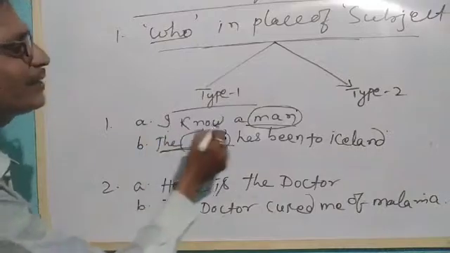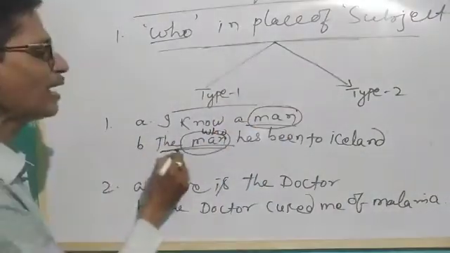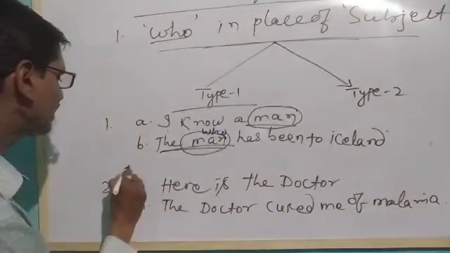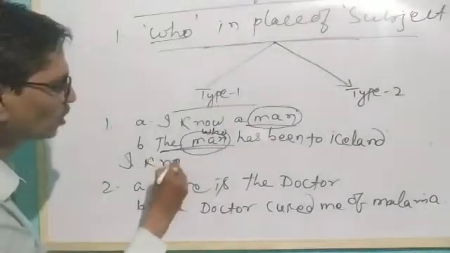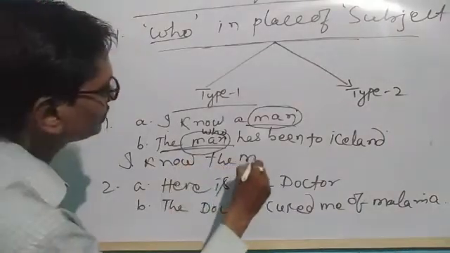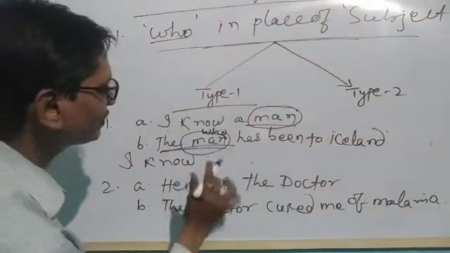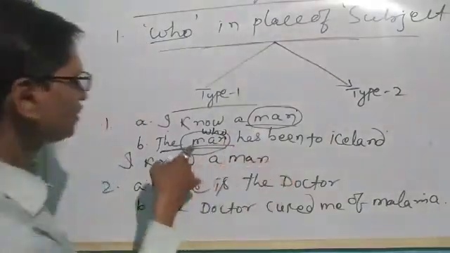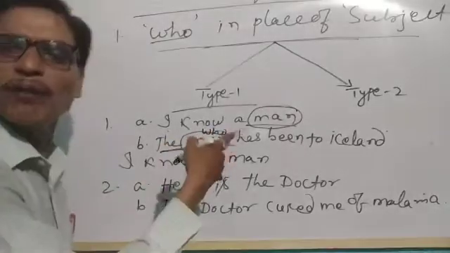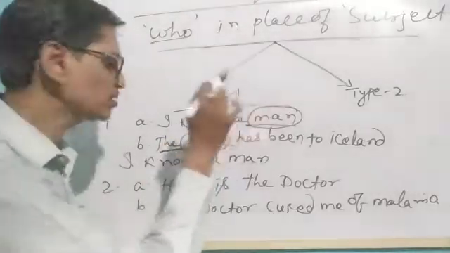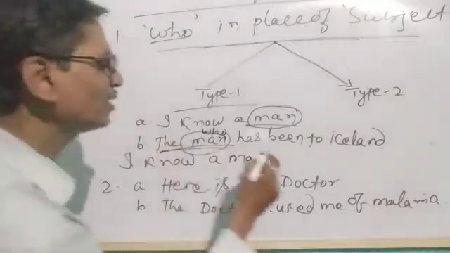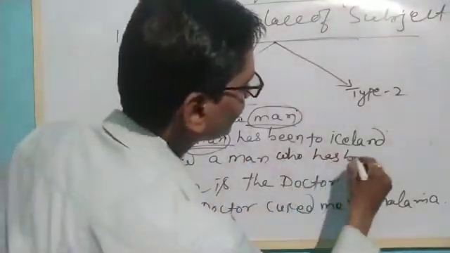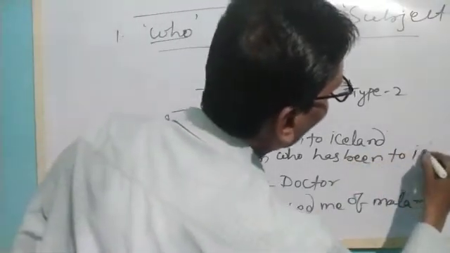You see, I know a man. The man has been to Iceland. What will we write? You will write, I know a man. That means in the first sentence, man, and here the man, is the same common noun. So in place of this man, we can use who has been to Iceland.